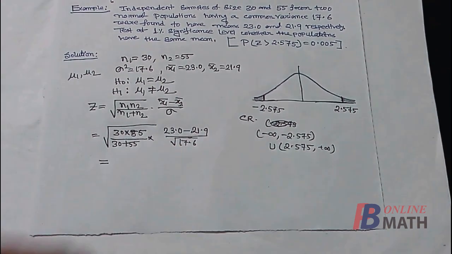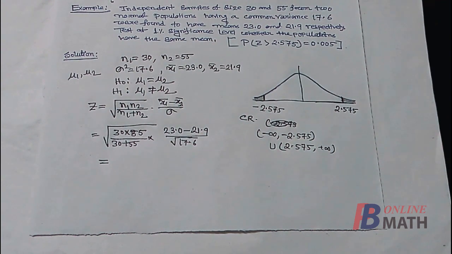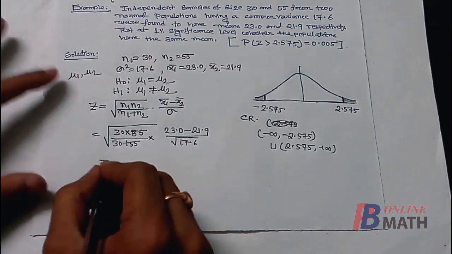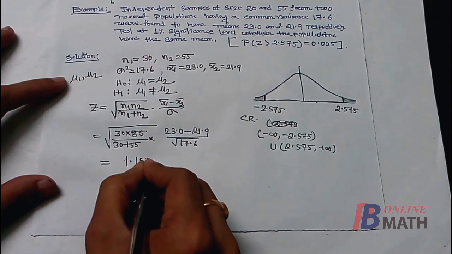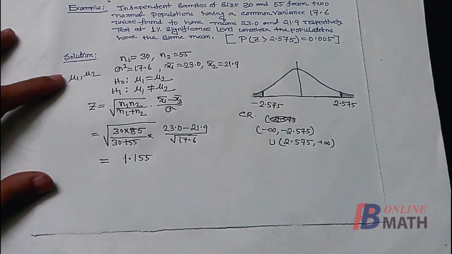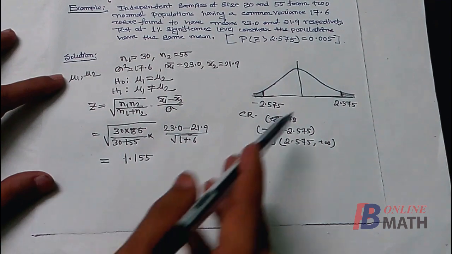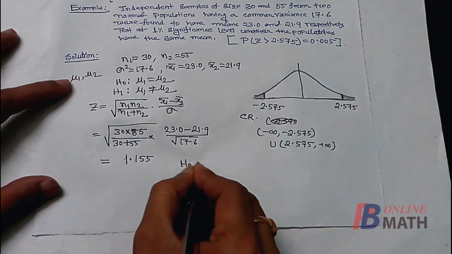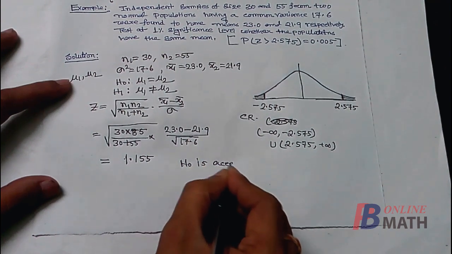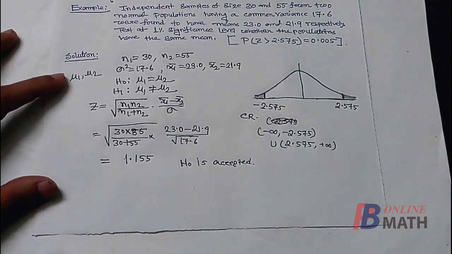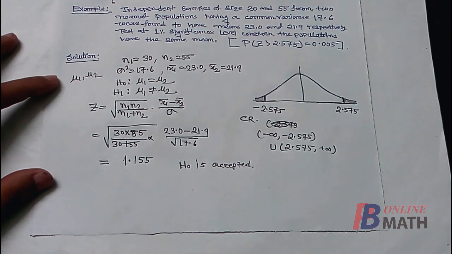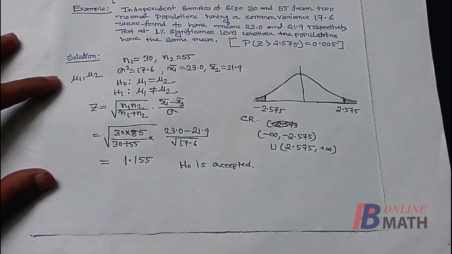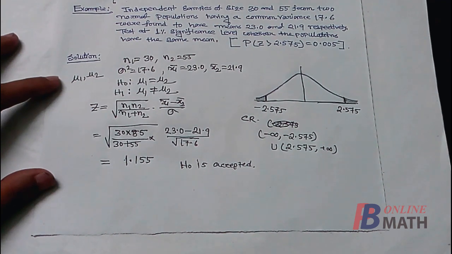If we compute this calculation, we ultimately find that this is approximately 1.155. Now the value of this computed statistic lies in the non-critical region, so we accept the null hypothesis. So H0 is accepted, and we can conclude that yes, the populations have the same mean at 1% level of significance.